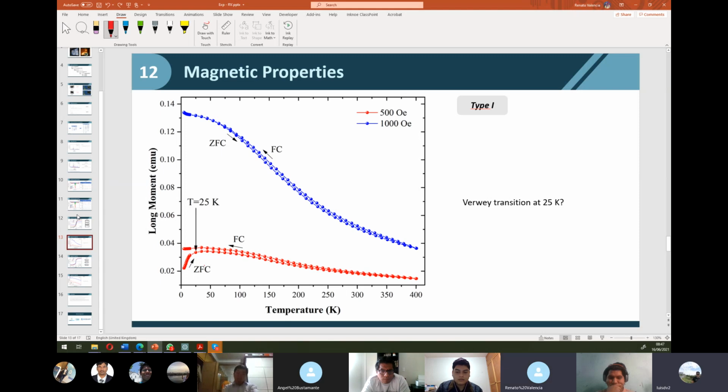Pero eso de ahí, el 25, no creo que sea Verwey transition. Y no parece que sea tampoco composite, because there is not a blocking temperature, temperatura de bloqueo, no está apareciendo ahí. Parece ser. Luis, remember, there is another small phases.